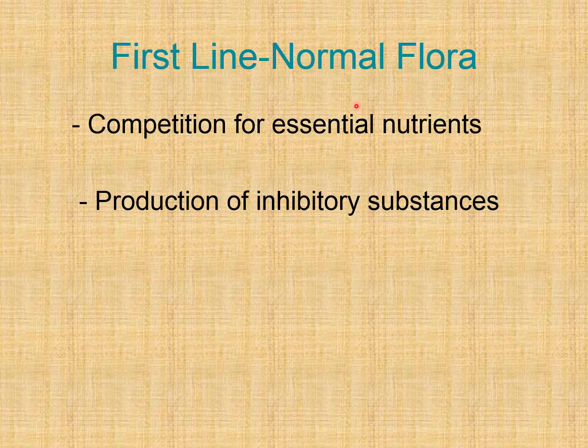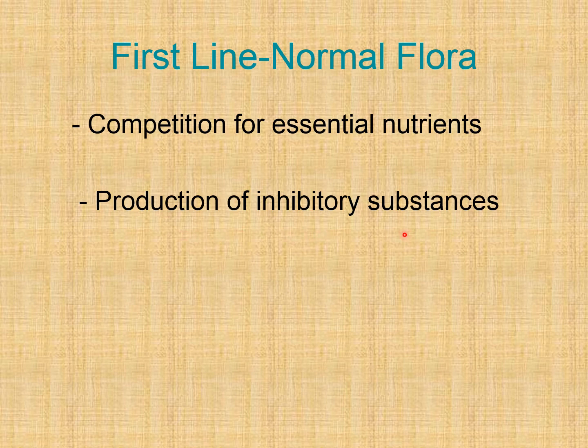So these normal flora provide competition to the pathogenic bacteria and prevent their colonization by consuming the essential nutrients. Secondly, they can also prevent colonization by releasing specific inhibitory substances.